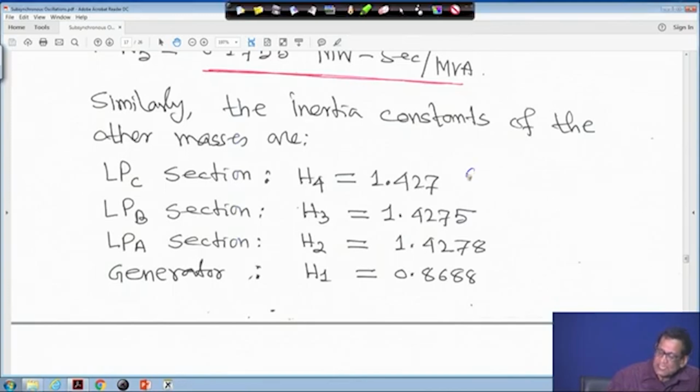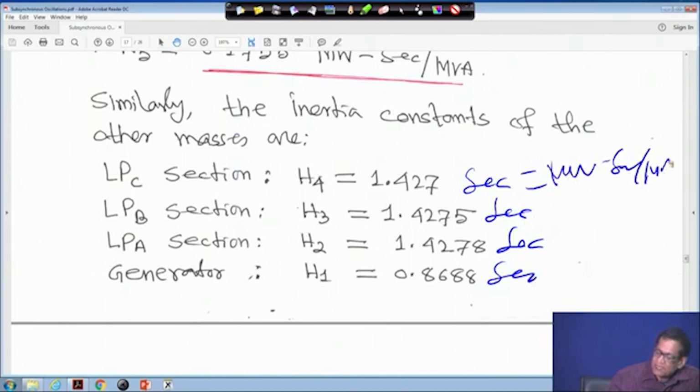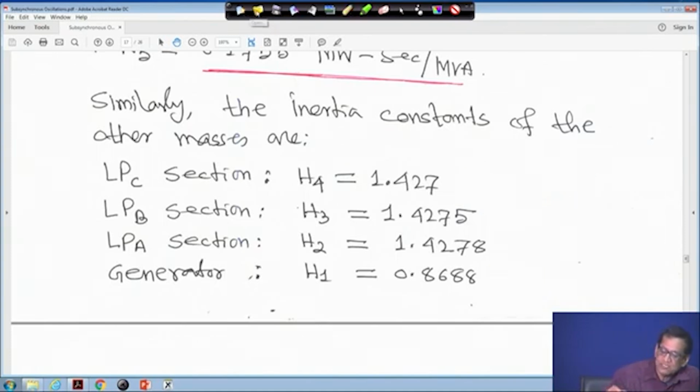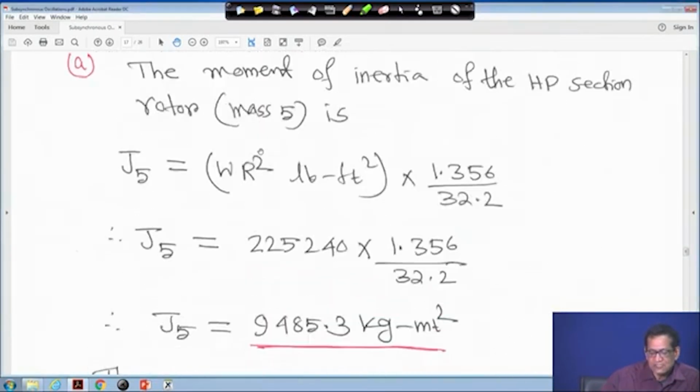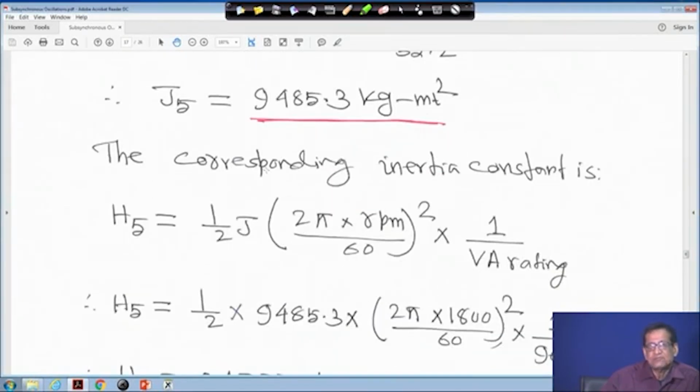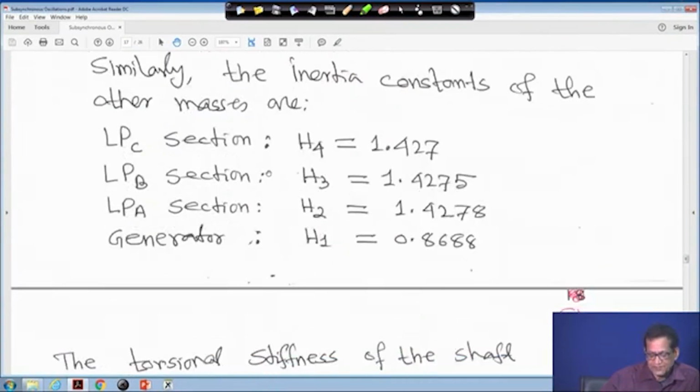Units are not written, but all are in second, sometimes written as megawatt second per MVA. If you follow this, you will get H4, H3, H2 and H1 similarly. That is why only one calculation is shown; the others you can easily compute.